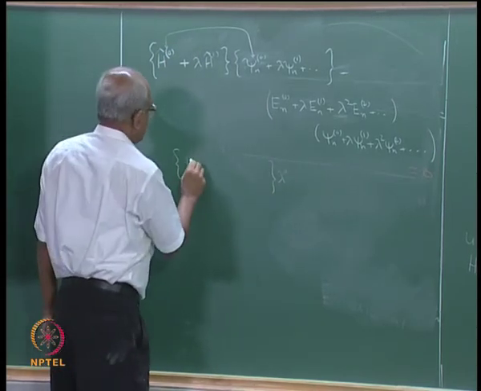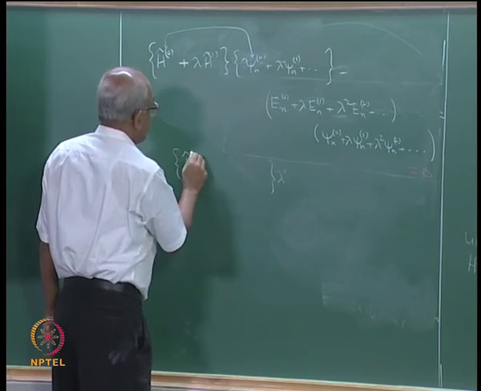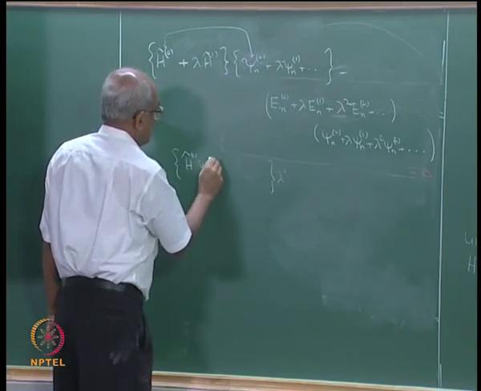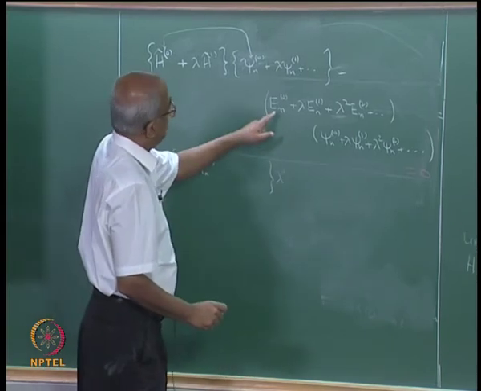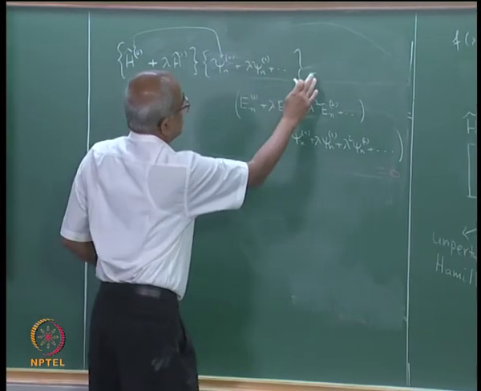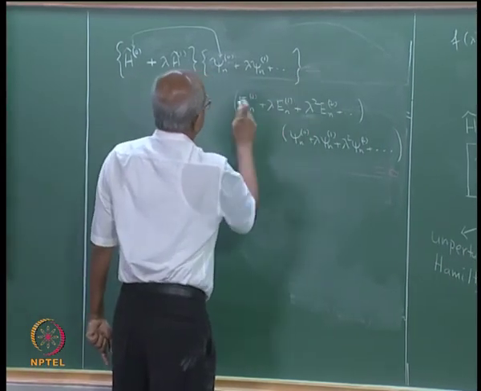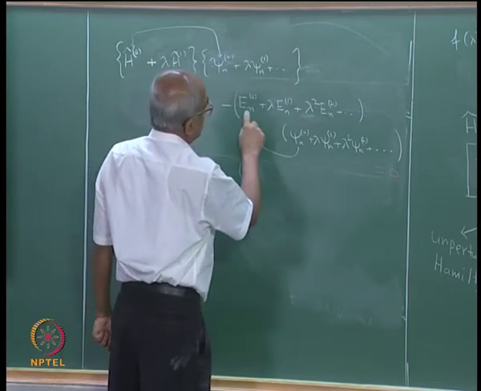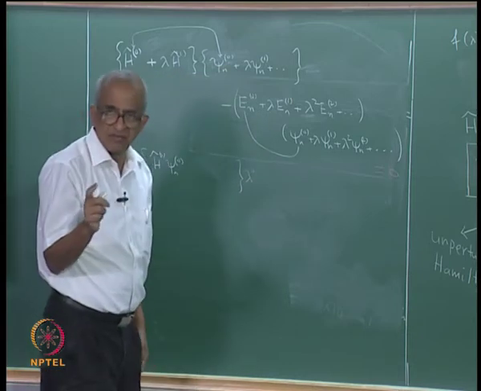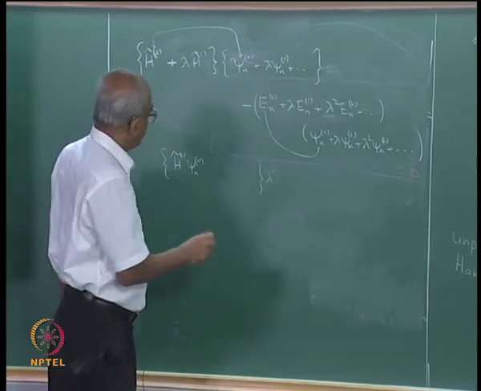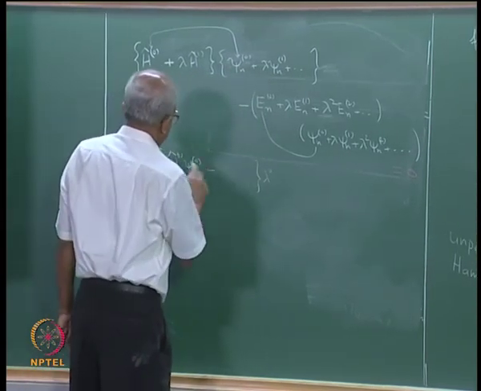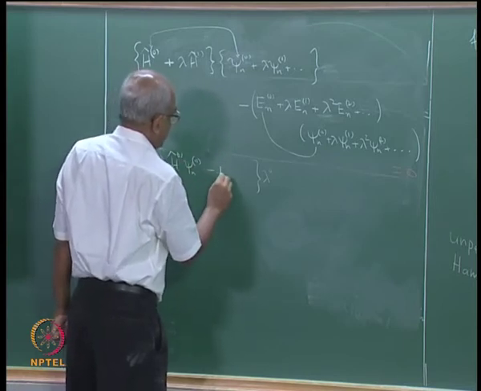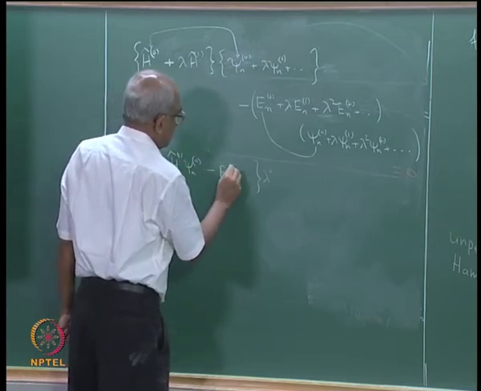So, H0 operating upon psi n 0 is one term, and from here this is occurring with the negative sign, because I should not forget the negative sign. So, this into that is going to give me a term that is independent of lambda. Therefore, the first term will be H0 psi n 0 minus E n 0 psi n 0.